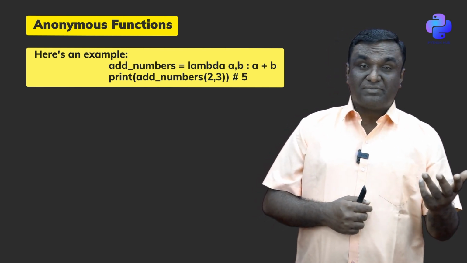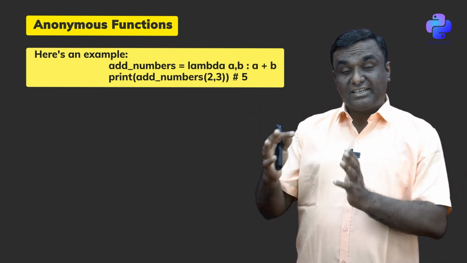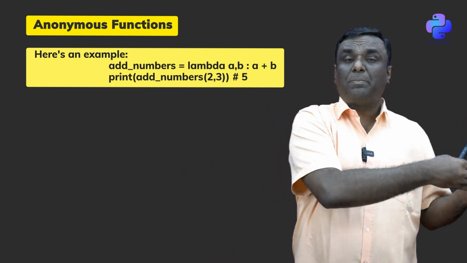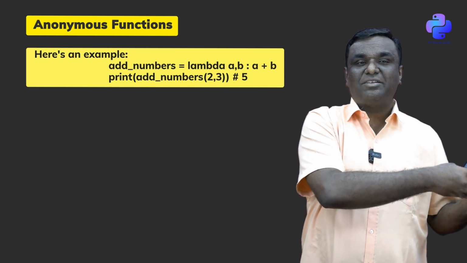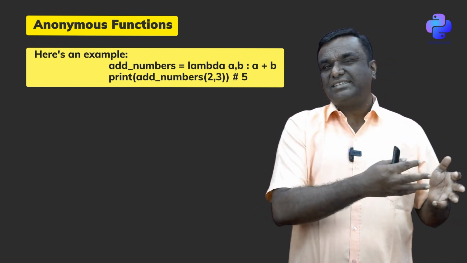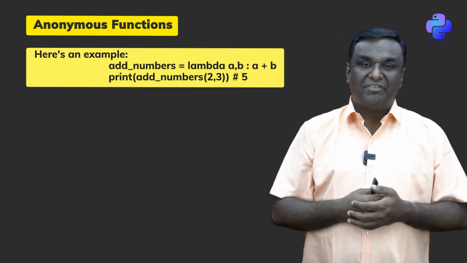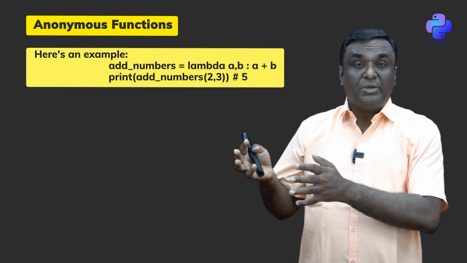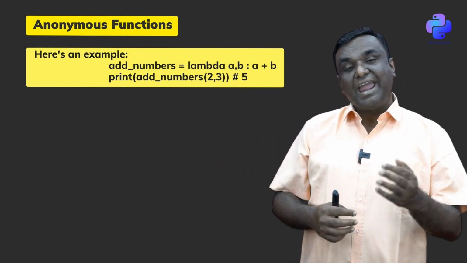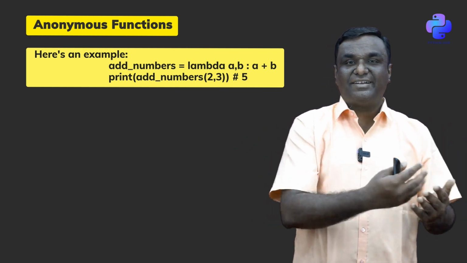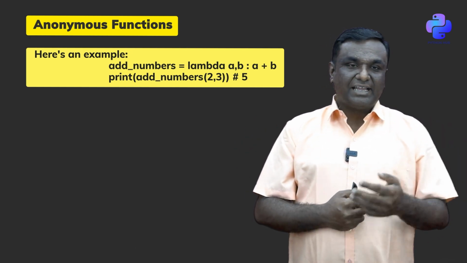There is no name to this function when you are defining it on the right side, that is, when you are using lambda. But the outcome of this, you are passing to a particular variable called add_numbers. So in a way it is a function name that you have given there on the left side. Now what is the expression that you are doing? a plus b. That means any parameters that are coming in, you are just going to add them and then return it.